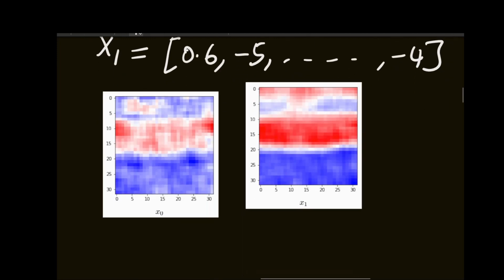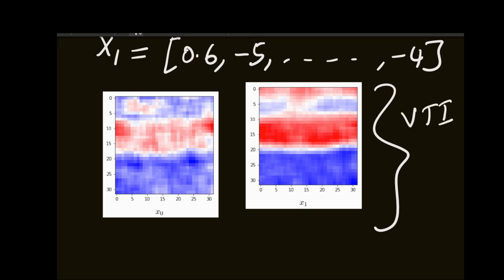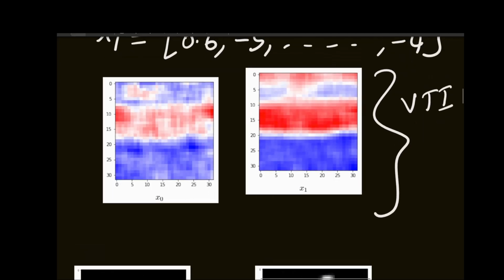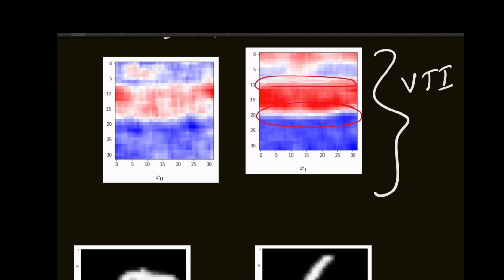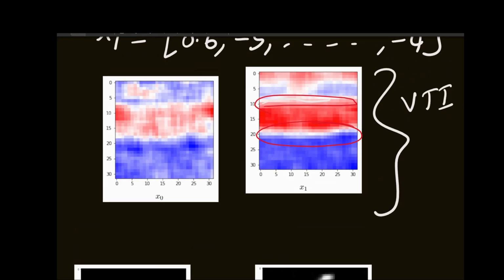Their corresponding VTI images look like this, where you see sharper delineation between different regions of the images. So just by visual inspection, it's possible to say that an image belongs to a particular class.